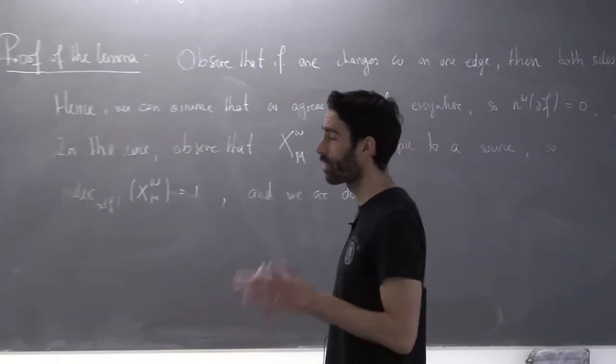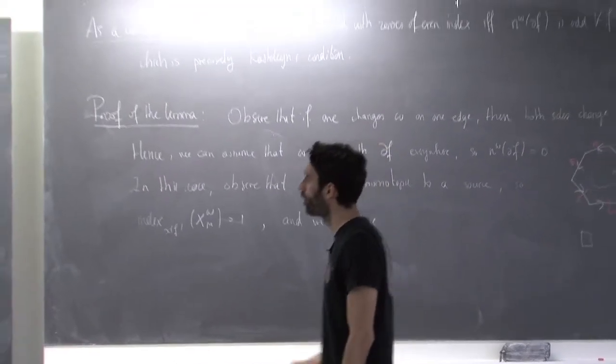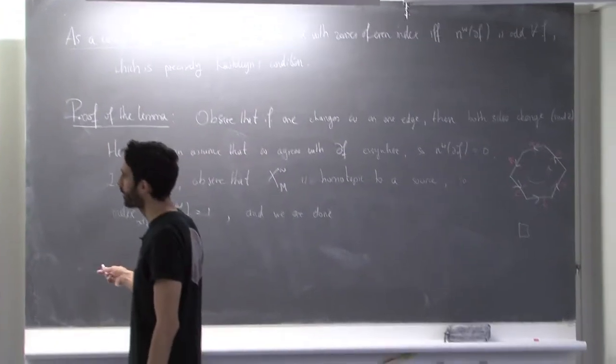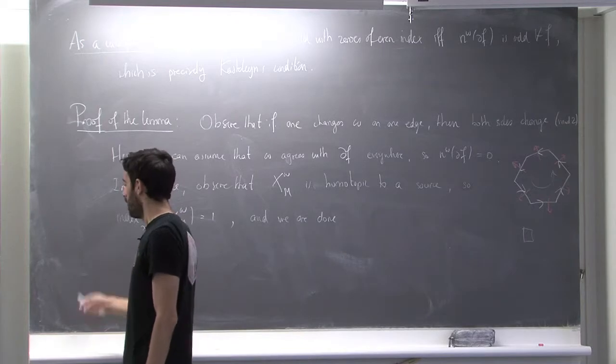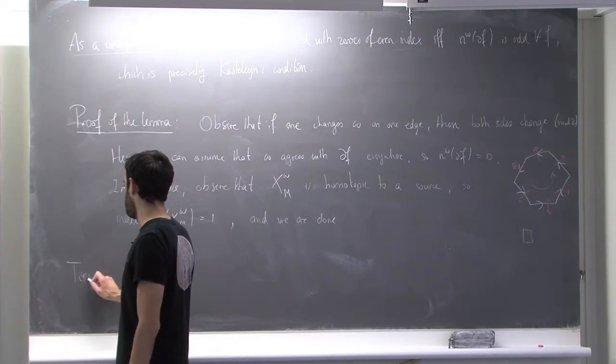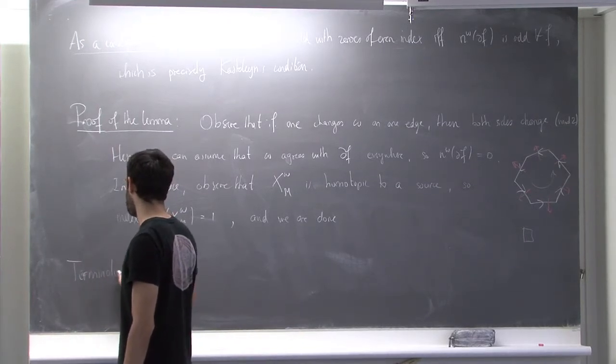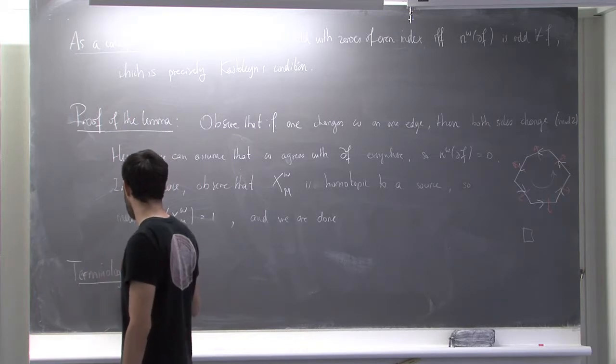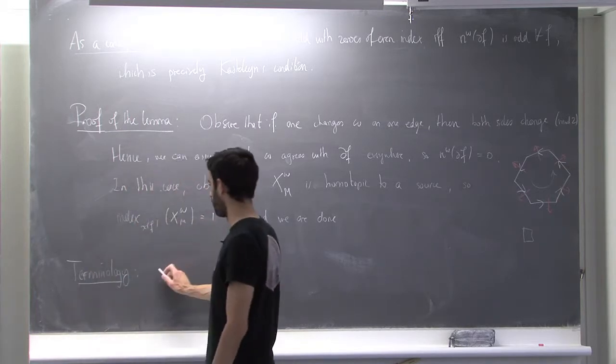That's nice. Now we're starting to come back to what we know and love, dimer configurations and Kasteleyn orientations. So let me just give you some terminology. Now it makes sense to talk about the following things.